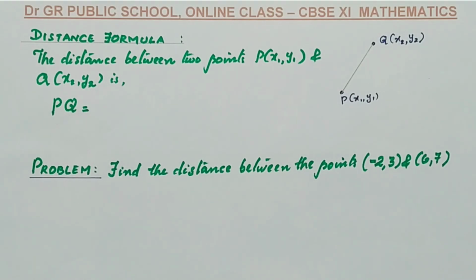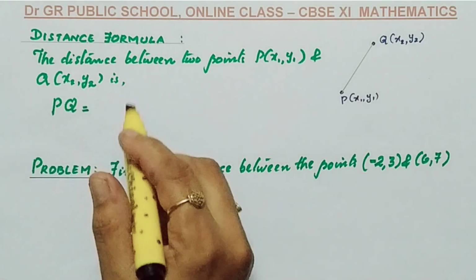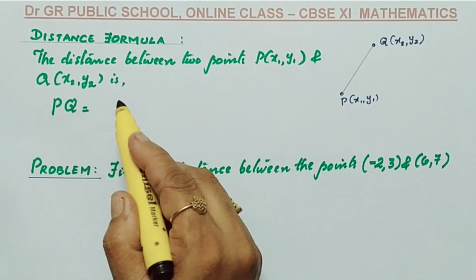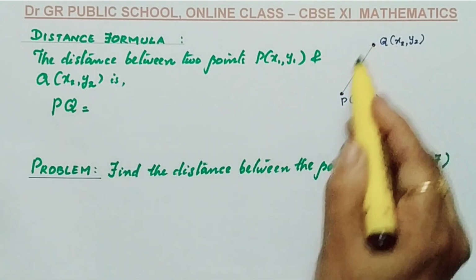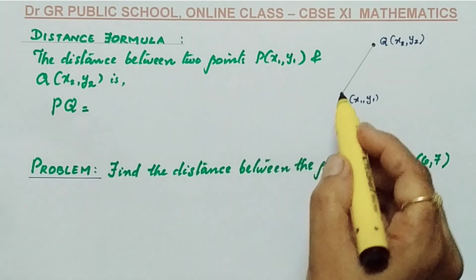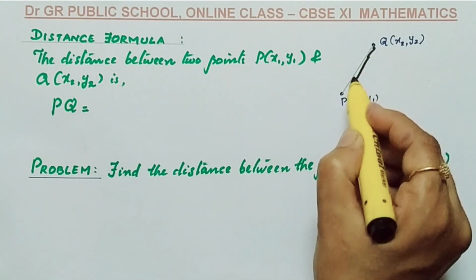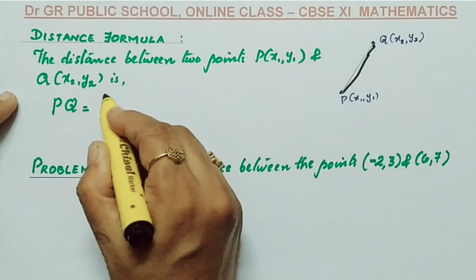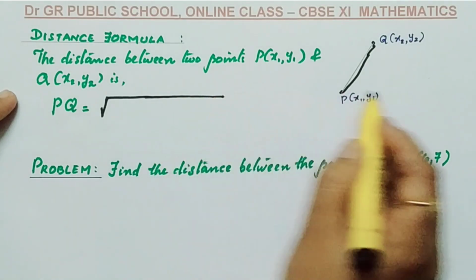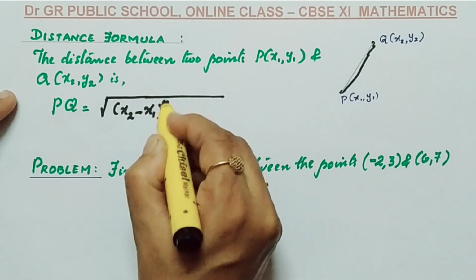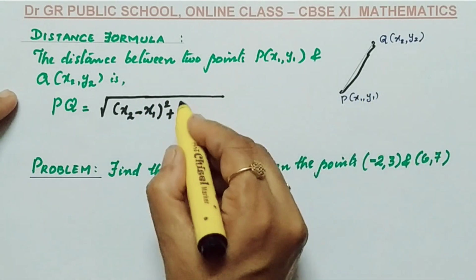Now we can recall some important formulae in coordinate geometry. The first one, the distance formula, already known to you. The distance between 2 points P(x1, y1) and Q(x2, y2): consider 2 points in the Cartesian plane. The distance PQ can be found using the formula square root of (x2 minus x1) the whole square plus (y2 minus y1) the whole square.